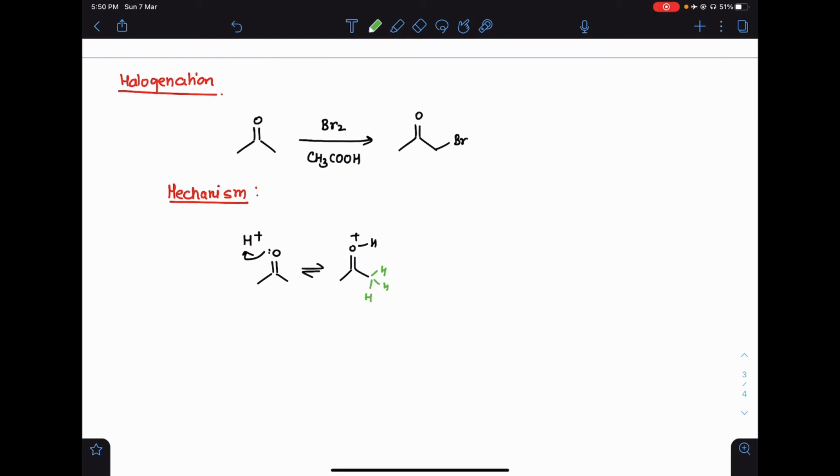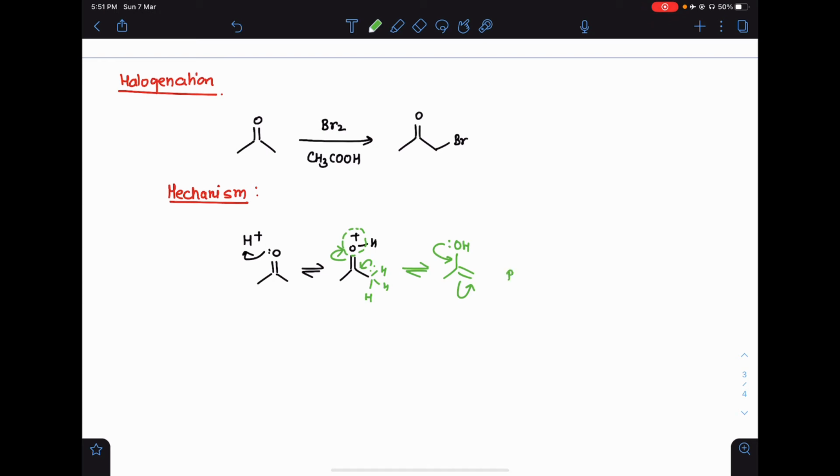Now what will happen? These two electrons, hydrogen will donate. These electrons will shift up. Why? So that the oxygen gets rid of this positive charge, and you will have your enol form, OH double bond.